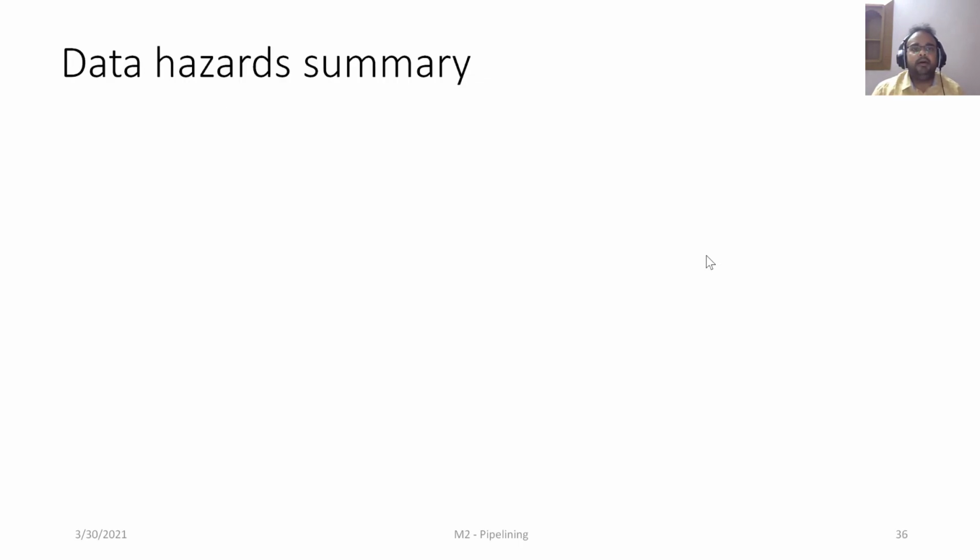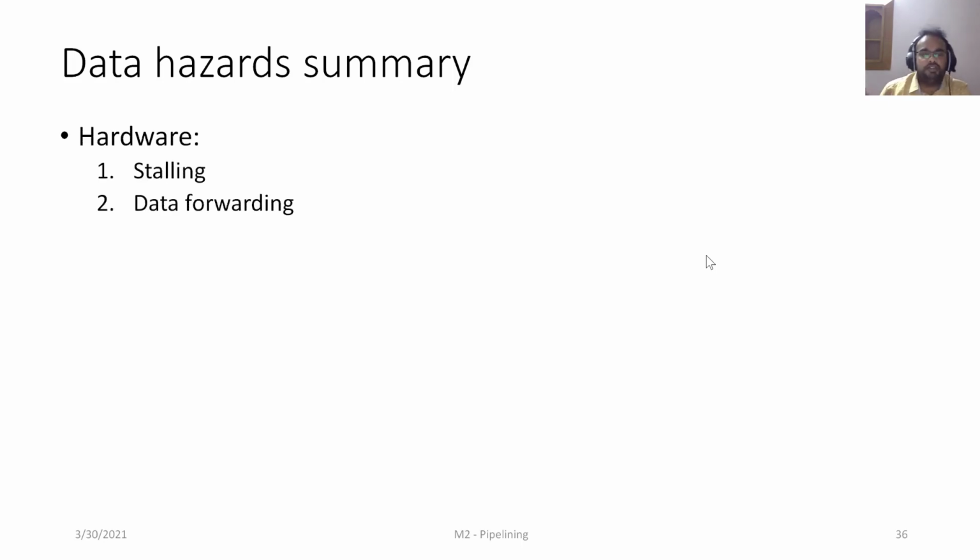So with that, I would like to summarize what we have looked at when considering data hazards. At the hardware, we looked at stalling and data forwarding approaches. Stalling is the very basic thing that we would expect the pipeline hardware to do, and data forwarding is the first line of optimizations that we apply. Both of them require hardware to detect the dependency and take corrective actions, right?